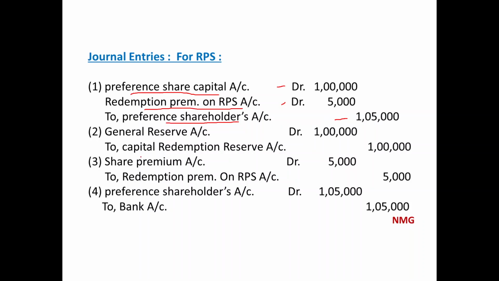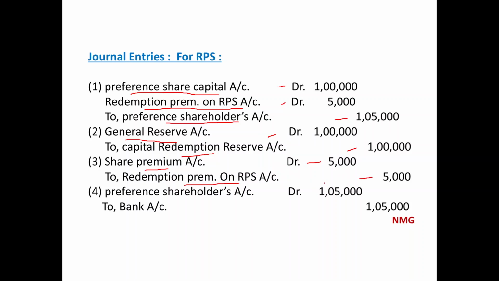Now, how have the provisions been fulfilled? For that, on the base of your chart that we just prepared, second journal entry, general reserve account debited rupees 1 lakh, to capital redemption reserve account credited rupees 1 lakh. Third one, share premium account debited rupees 5,000, to redemption premium on RPS account credited rupees 5,000.